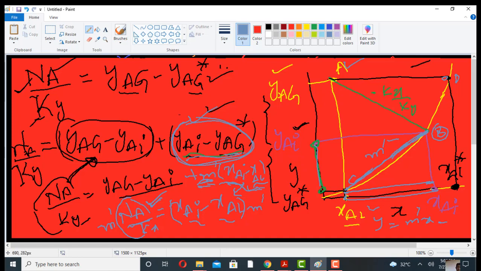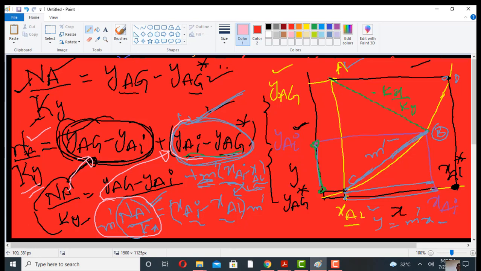So in place of this whole term, we will put NA divided by Kx multiplied by m dash, and in place of this number we will put this whole number in this place, and this is the Na divided by Ky.